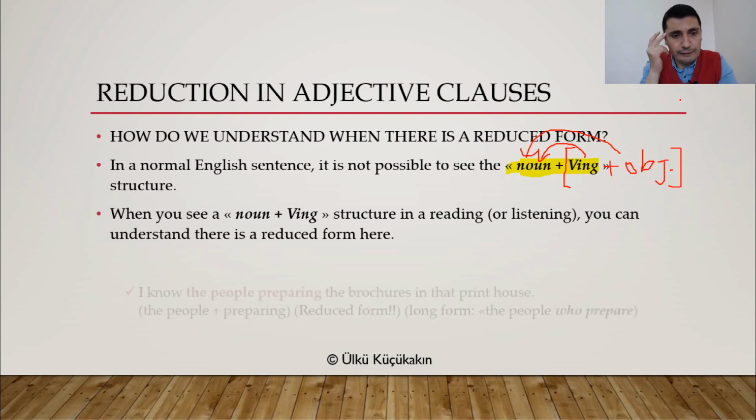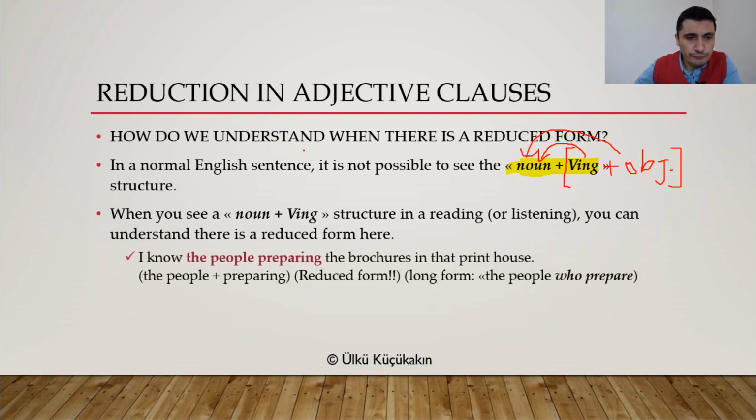So, when you see the noun plus verb ing structure in reading or in listening, you can understand there's a reduced form there. For example, this sentence comes in front of you in a reading text. I know the people preparing the brochures in that printhouse. Now, normally, a noun plus verb ing is not normal English.